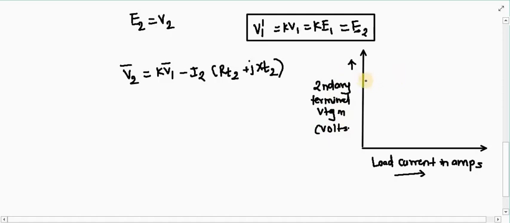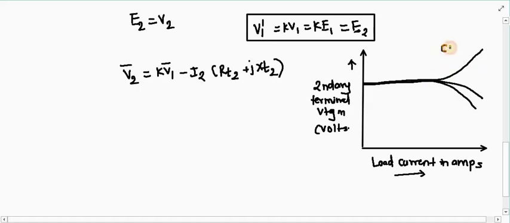So for resistive load, if my load current increases, my secondary terminal voltage for some time remains constant, and then it starts decreasing for inductive load. The drop in the voltage for resistive load is somewhat less than that for the inductive load. But for the capacitive load, my secondary terminal voltage may increase.